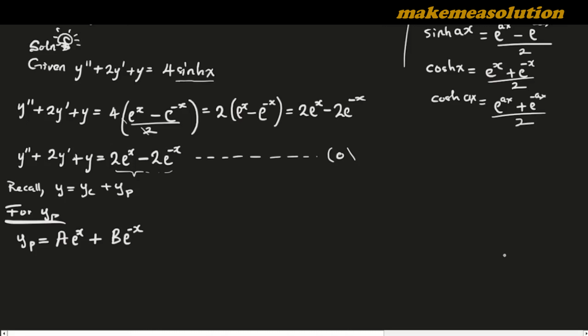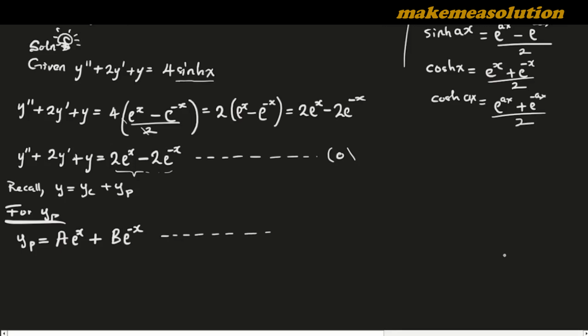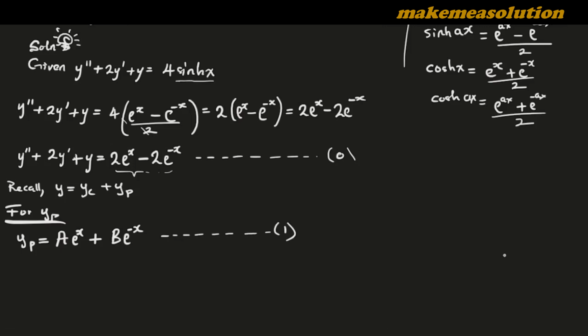So this will be the form of my particular solution for now. Let me call it equation 1. I am going to find my yc, and whatever I find in my yc will determine whether this particular solution remains the way it is or we are going to modify it.